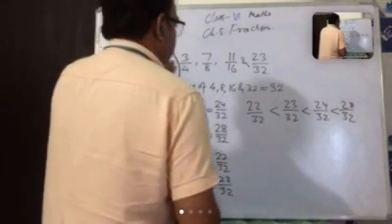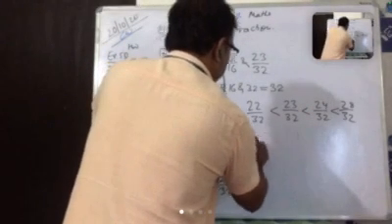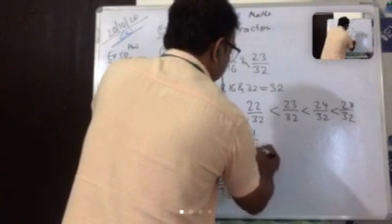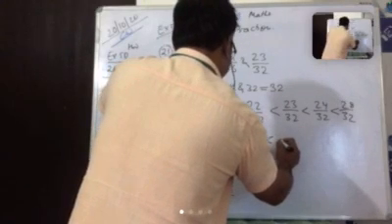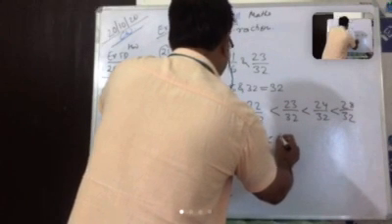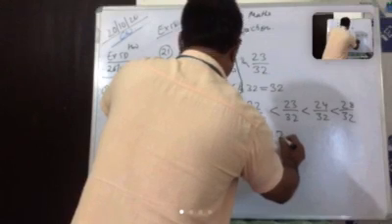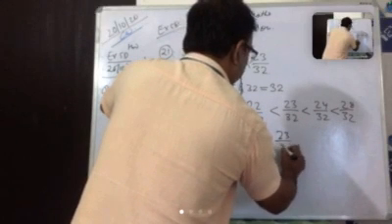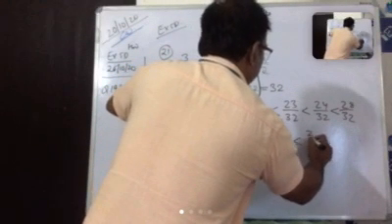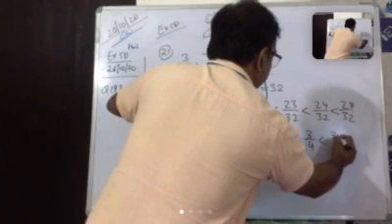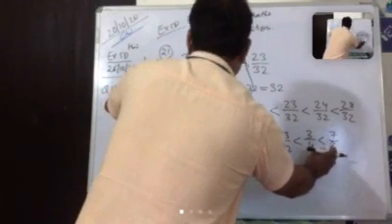Now our fractions are, first, 11 upon 16, therefore 11 upon 16 is less than 23 upon 32, less than 3 upon 4, less than 7 upon 8. Sorry, yes, 7 upon 8.